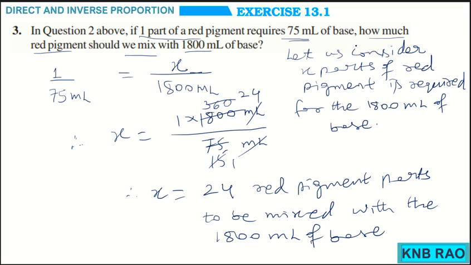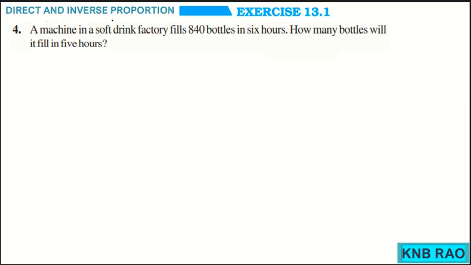Coming to question number 4, a machine in a soft drink factory fills 840 bottles in 6 hours. How many bottles will it fill in 5 hours? See, in this type of question, you need to identify whether they are directly proportional or not. See, more bottles require more time to fill.